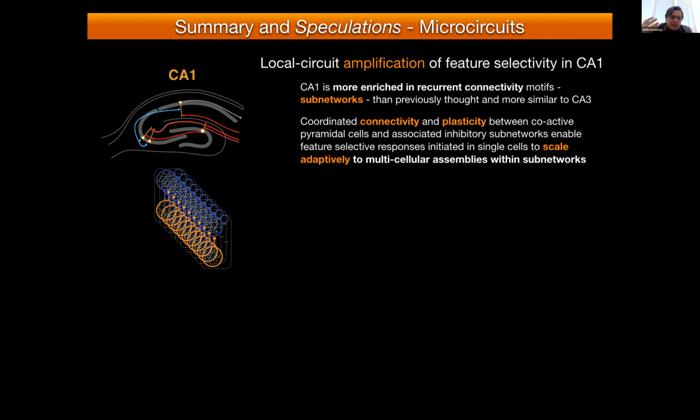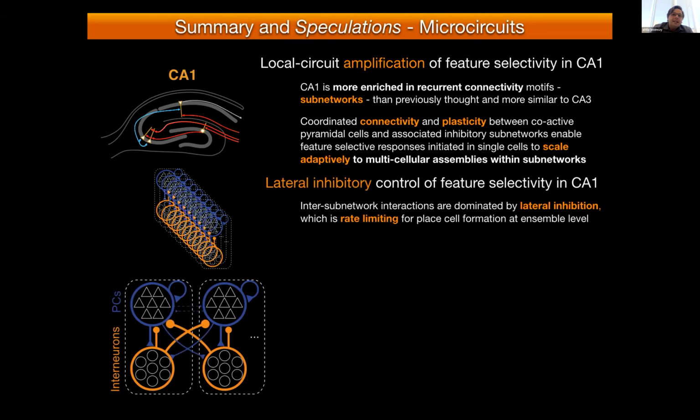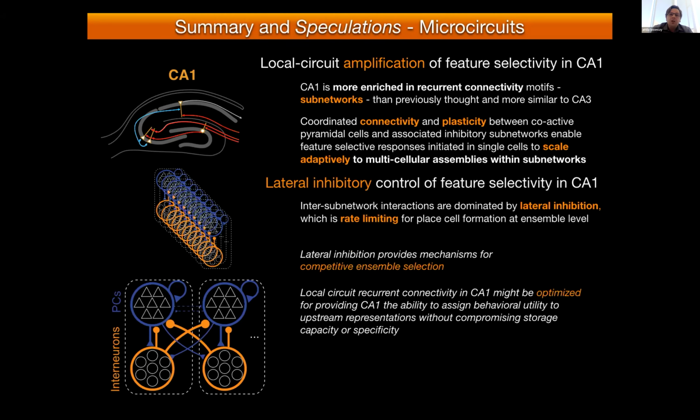There is coordinated activity and plasticity between pyramidal cells and interneurons that allows this scaling of feature selectivity from single cell to ensembles within a subnetwork, but between subnetworks, there is a robust lateral inhibition that limits the size of the new ensemble that can be formed, and perhaps provides a mechanism for competitive ensemble selection.